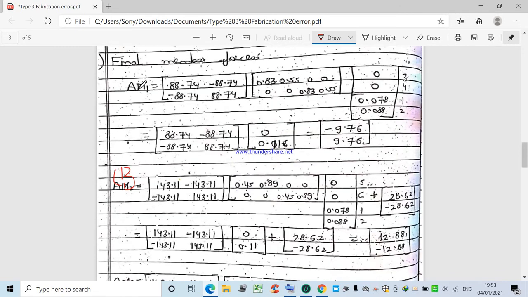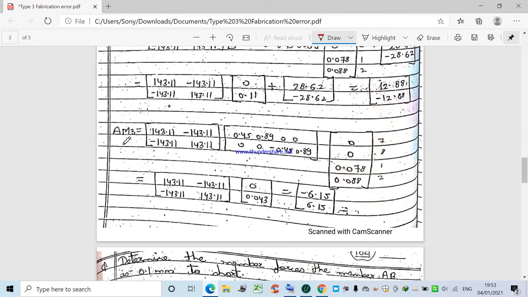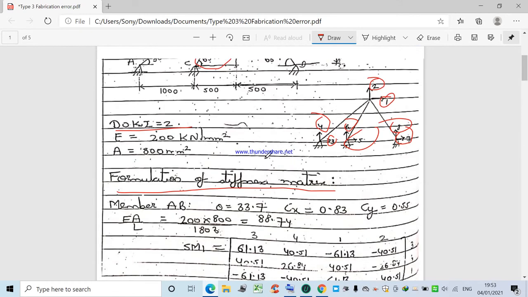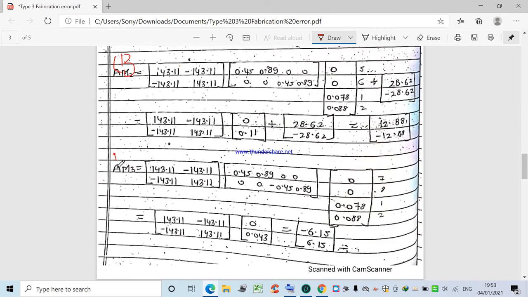Based on that we can calculate the member force in AB, this is the member force in CB, and this is the member force in the last one. What was the last member? That is DB. So we can calculate the member force in DB also.